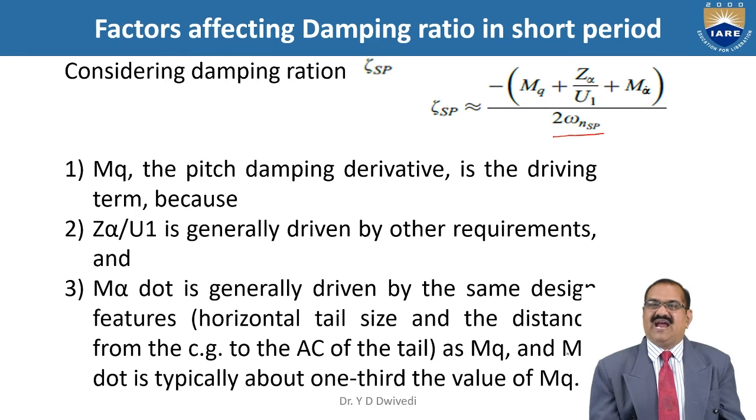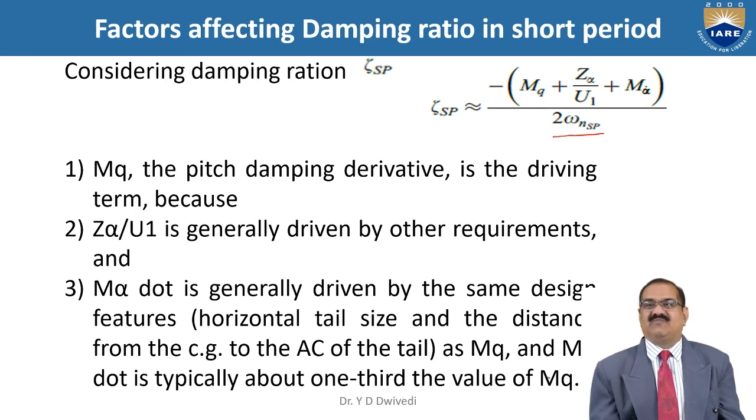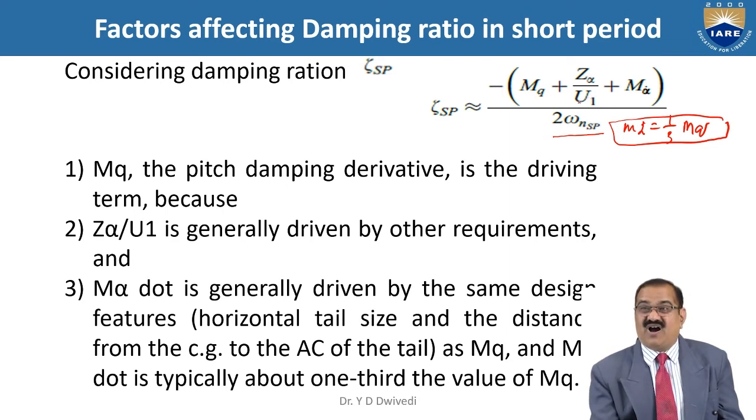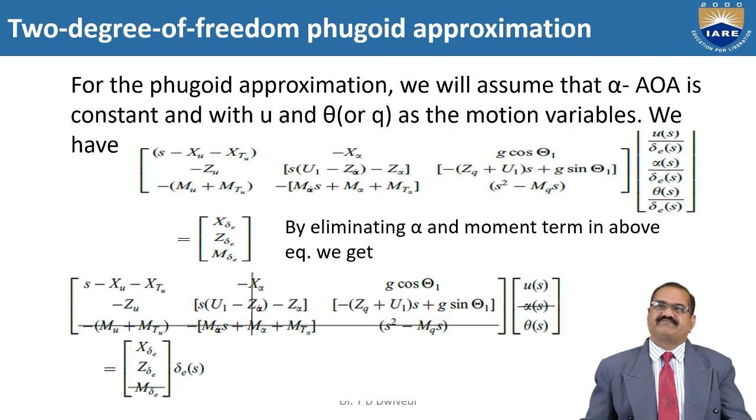M alpha dot is typically about 1/3 the value of Mq, so we can take M alpha dot equal to 1/3 of Mq. So Mq and these parameters are very important, and they depend on the size of the aircraft tail and the distance between CG and AC, which we discussed earlier.